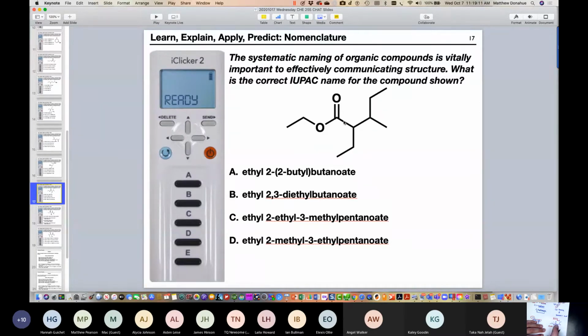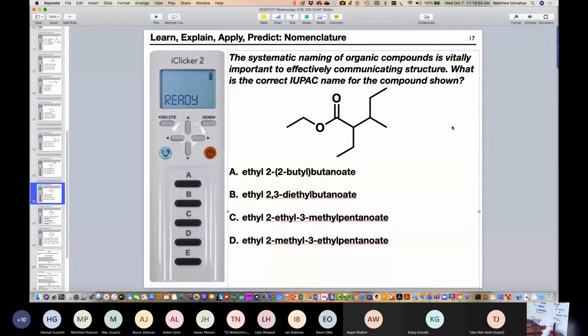So let's do 2 things. Count the maximum number of carbons in the alcohol and change that to the substituent alkyl, and then find the longest carbon chain in the acyl portion, and then figure out what the substituents on that are. So if you look at the format of the answer choices, there's the alcohol portion, then a space, then the rest of the acyl fragment.